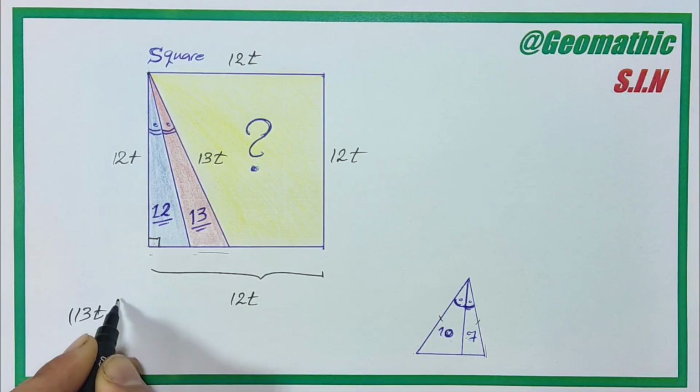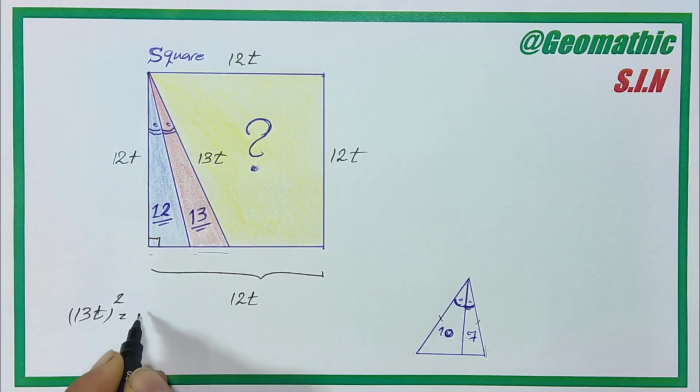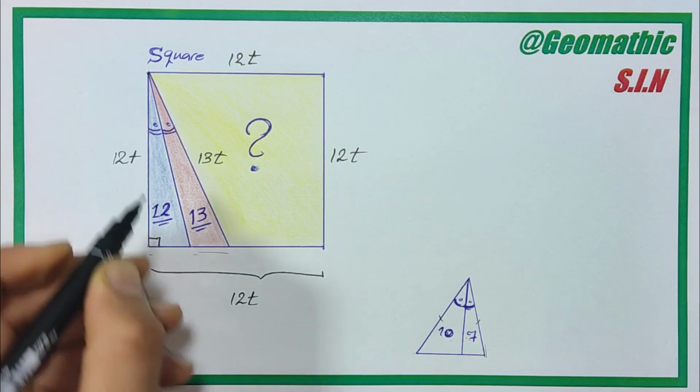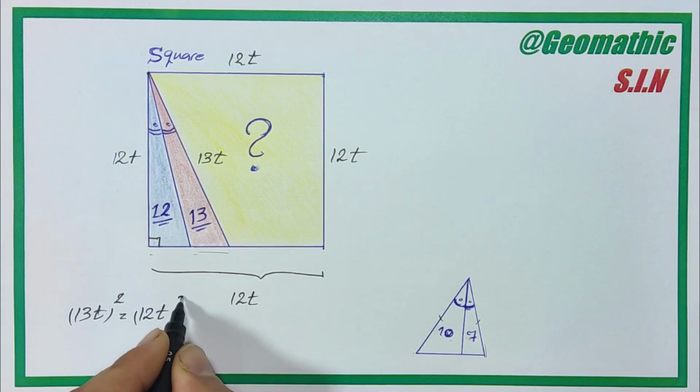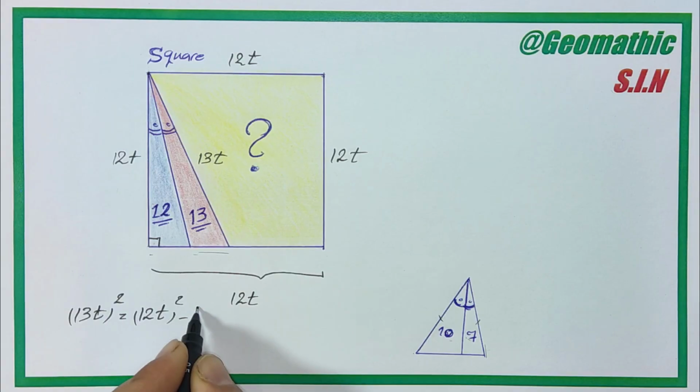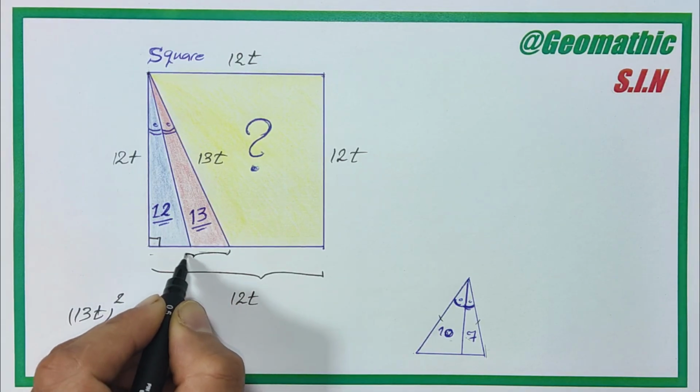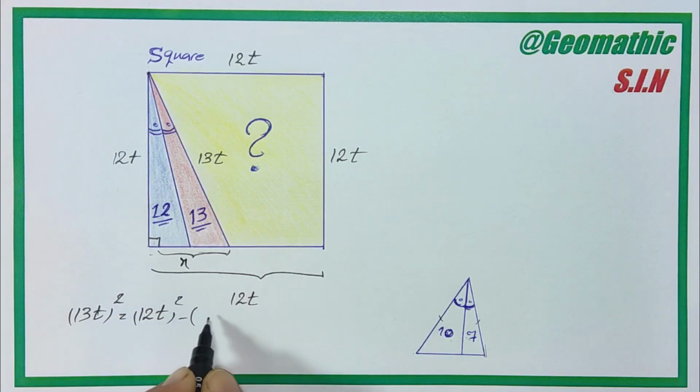13t squared equals 12t squared minus, I name this part x, squared.